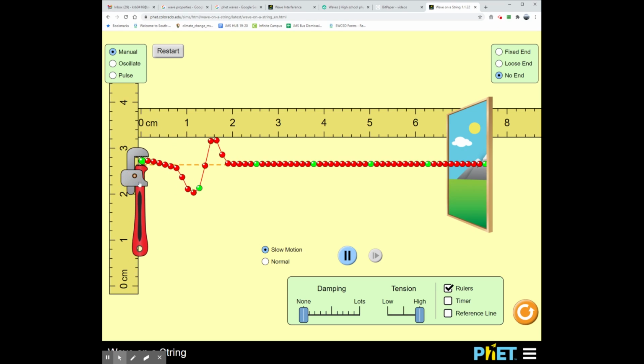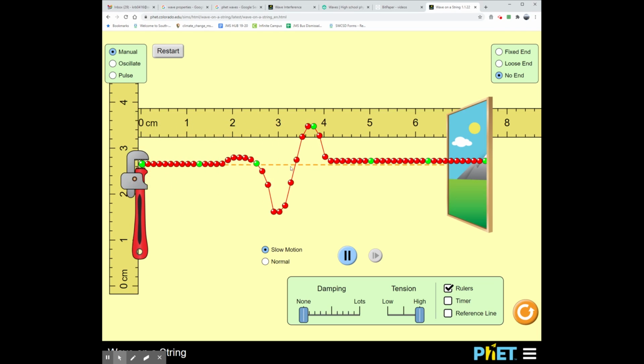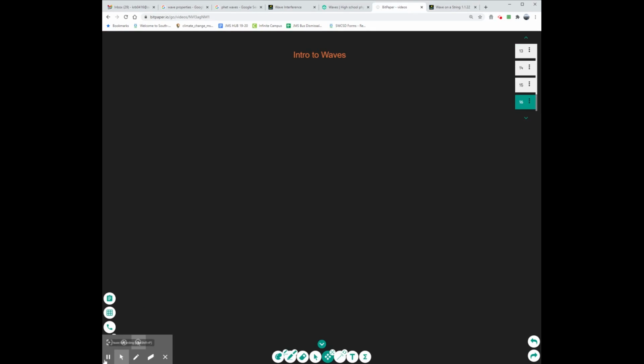But if we send a wave pulse through, all of the beads get displaced a bit, but they end up back at zero. They end up back where they started from, right? So the net displacement of each individual bead on the string is zero, right? So let's just do one more wave so you can see it. There we go. I sent one wave pulse through there. Okay. So that is essentially an introduction to the idea of waves.